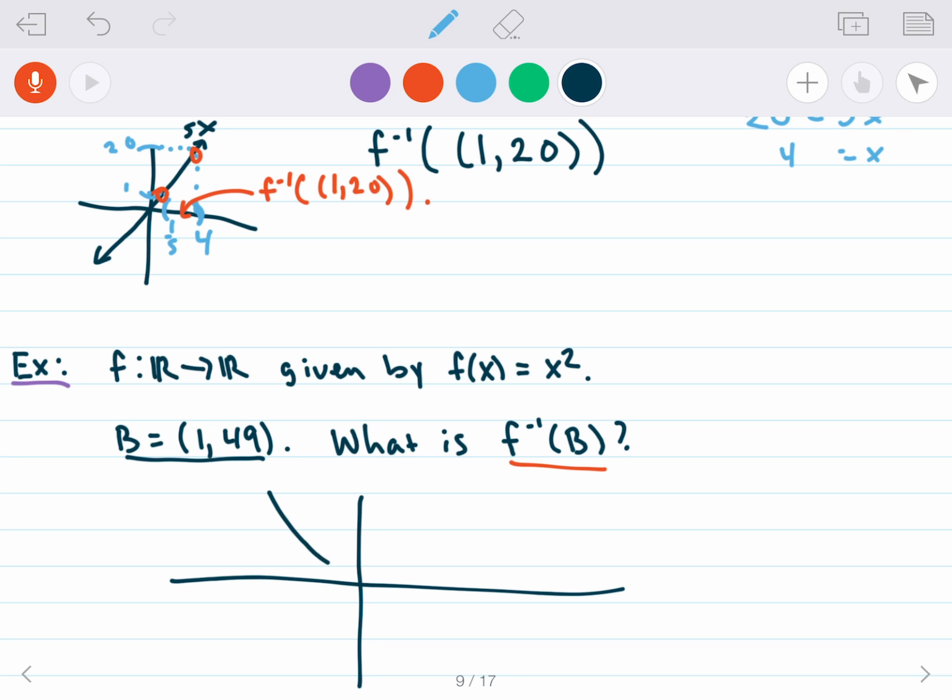Here is our quadratic, and we're interested in going from 1 to 49. Okay, so if I draw out my lines here.